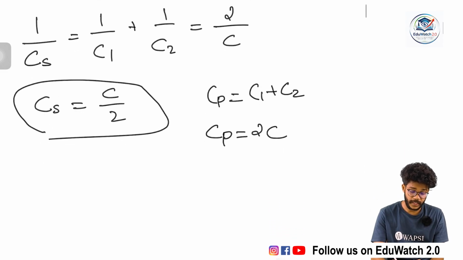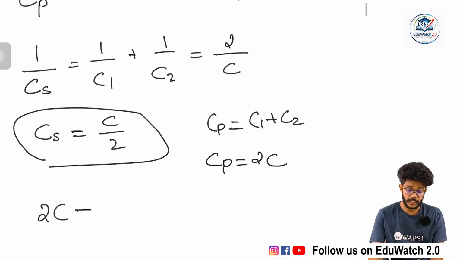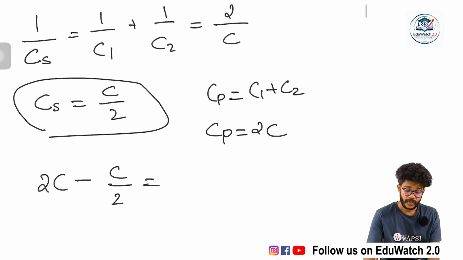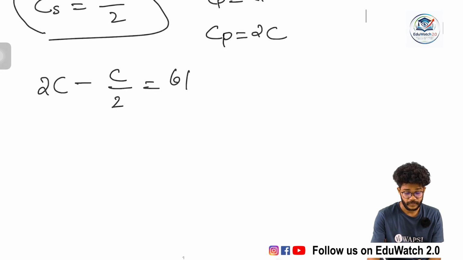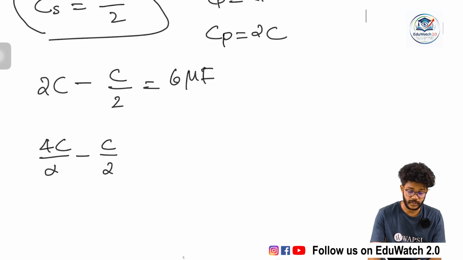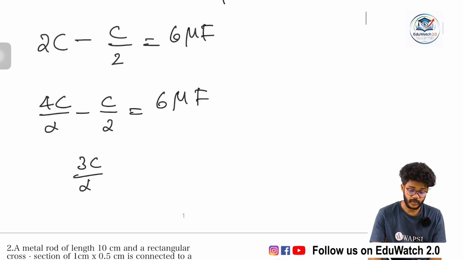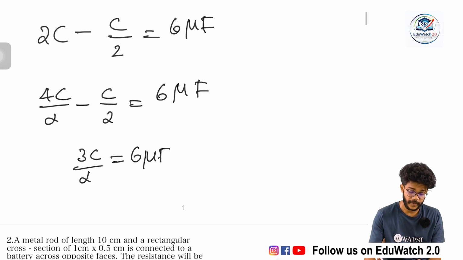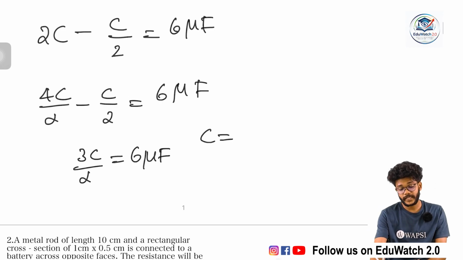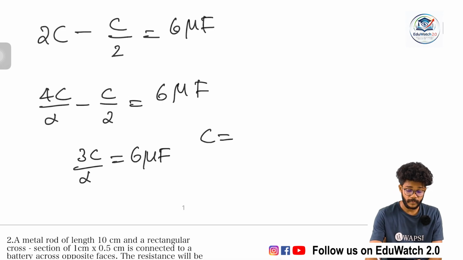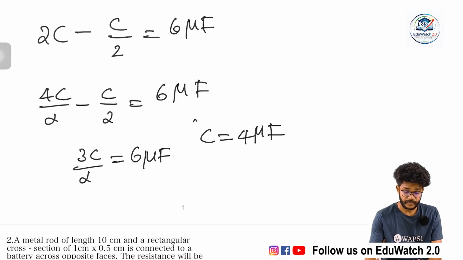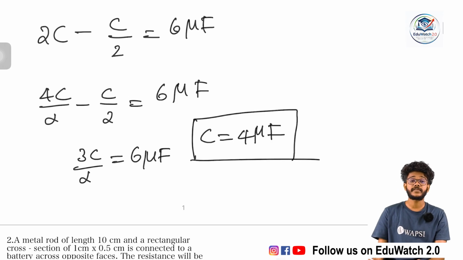So 2C minus C by 2 is equal to 6 microfarad, so 4C by 2 minus C by 2 is 3C by 2, which is equal to 6 microfarad. So C is equal to 6 into 2 is 12, 12 by 3 is 4 microfarad. The capacitance of each capacitor is 4 microfarad.